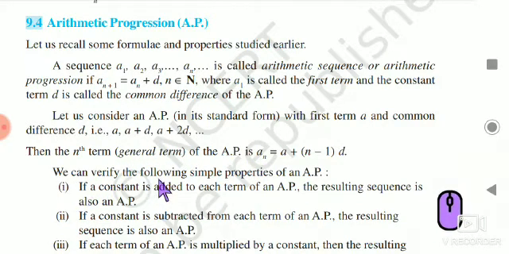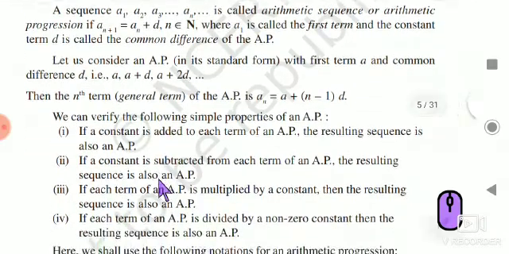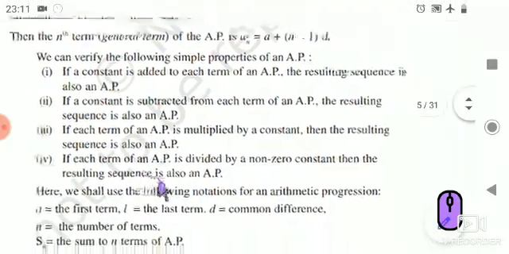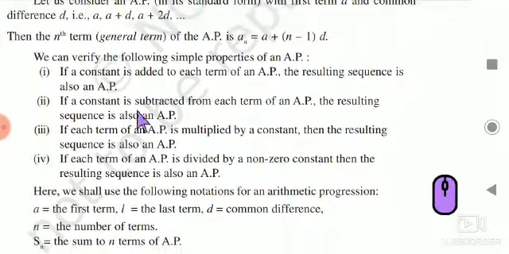We can verify the following simple properties of arithmetic progression. Let me begin with the first property. If a constant is added to each term of an AP, the resulting sequence is also an AP. The second property is, if a constant is subtracted from each term of an AP, the resulting sequence is also an AP.